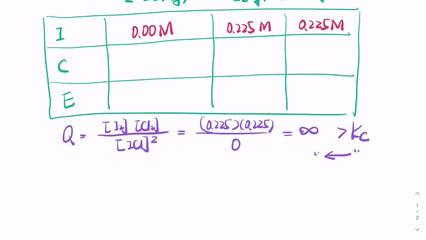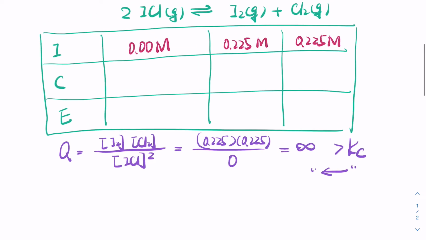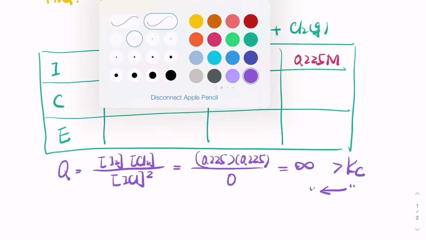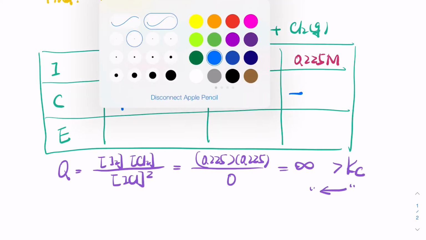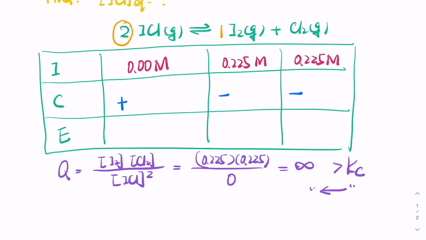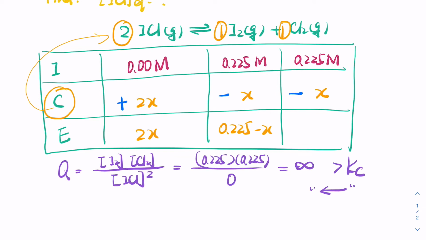Therefore the changes for the products are negative, and the reaction goes in the reverse direction toward the reactant side, so this will be negative and this will be positive. The changes follow the coefficients, so you have positive 2x, negative x, and negative x. That's what we have.